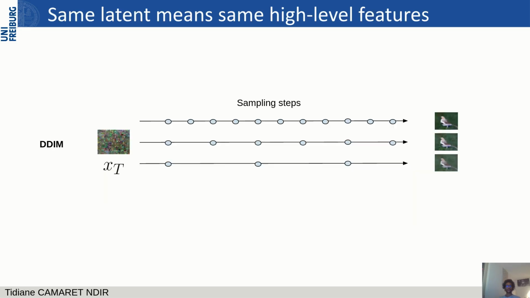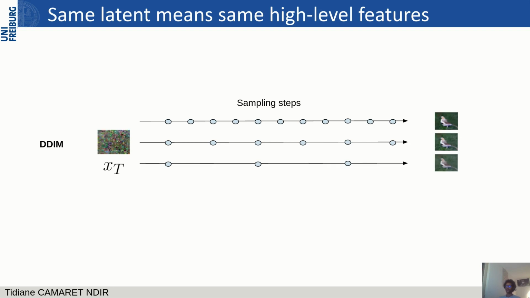The authors also produced samples with DDIMs with different numbers of steps, while keeping the same original noise. And since the process is deterministic, it's actually easier to measure the impact on the image. They noted that when we keep the same image noise, the high-level features of the image stay the same, regardless of the number of steps of the generative process.